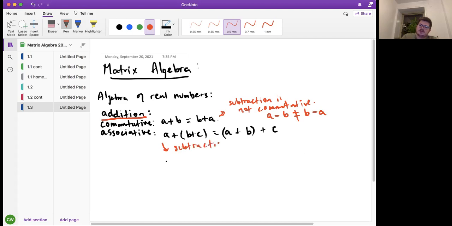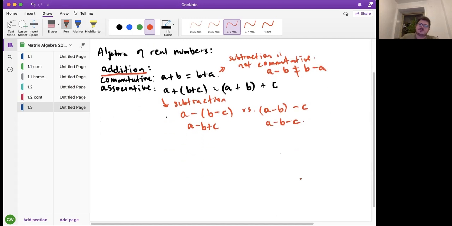Also no. If you have a minus b minus c grouped one way, the first one gives you a minus b plus c, and the other gives you a minus b minus c. That's why we don't think about subtraction when we talk about the nice things about addition. When we think about subtraction, we think about inverses.